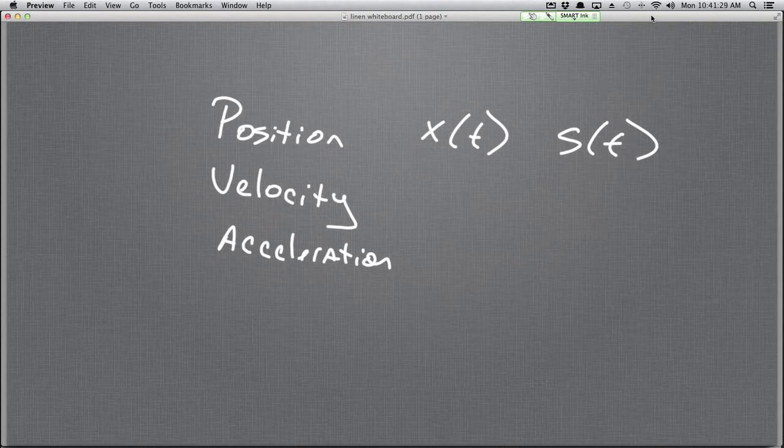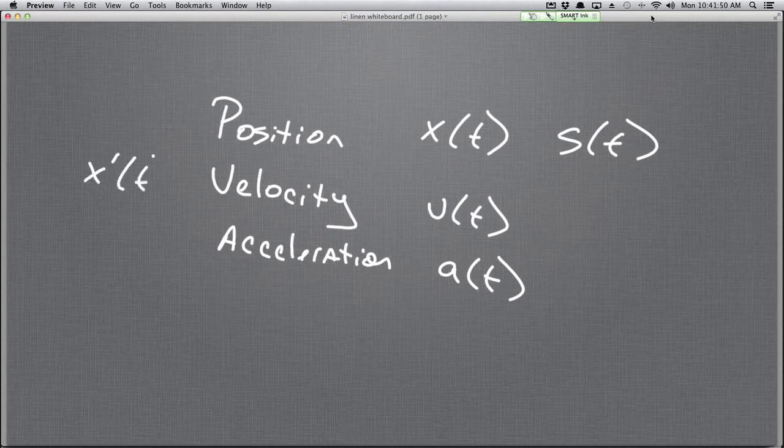When you see velocity, it's usually v of t. And when you see acceleration, it's usually a of t. Now, velocity is the derivative of the position function.